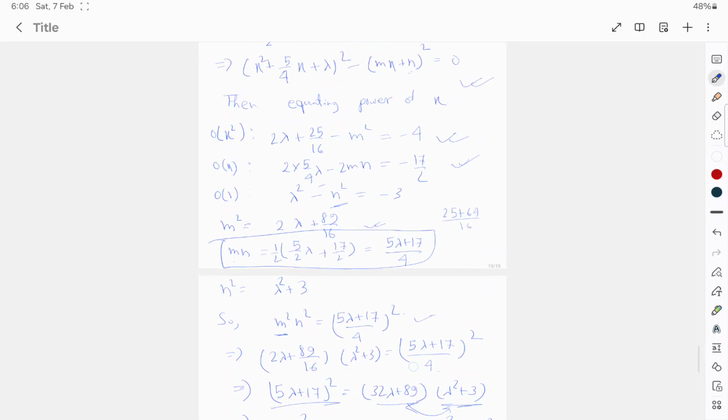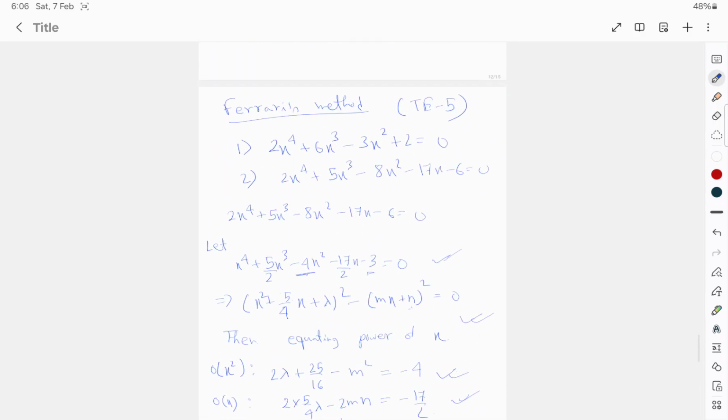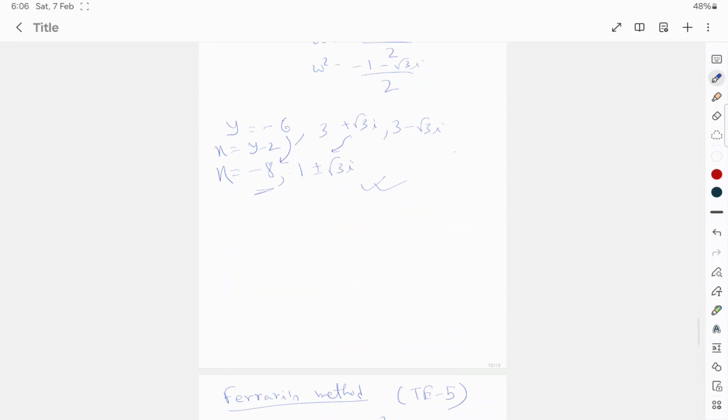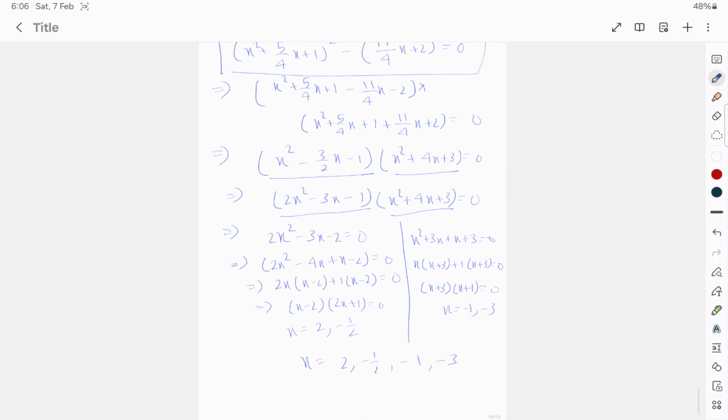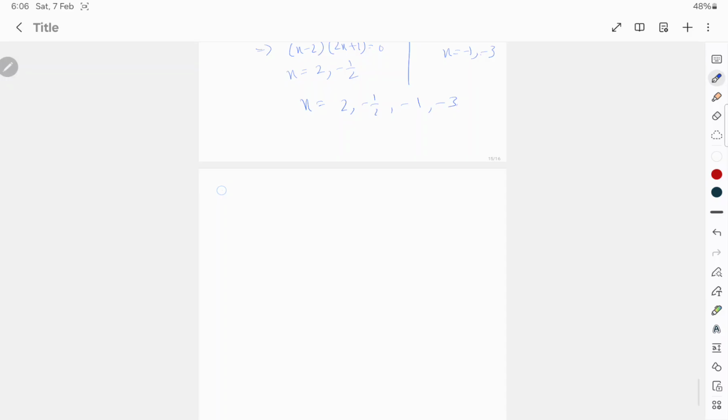So Ferrari equation is very important. This is for your biquadratic equation. So what are the things we have discussed in theory of equations? TE1 is Descartes' rule of sign. TE2 is Sturm's method.